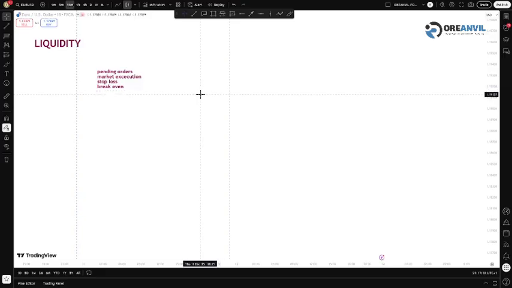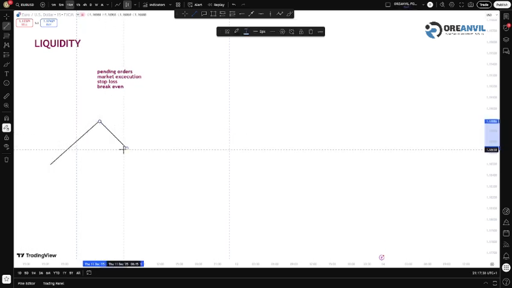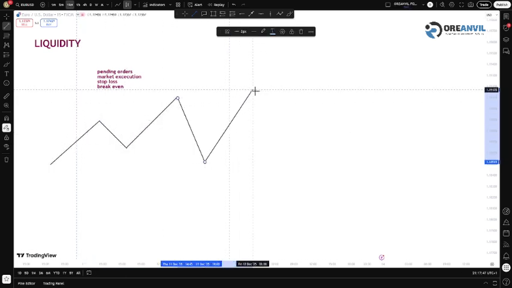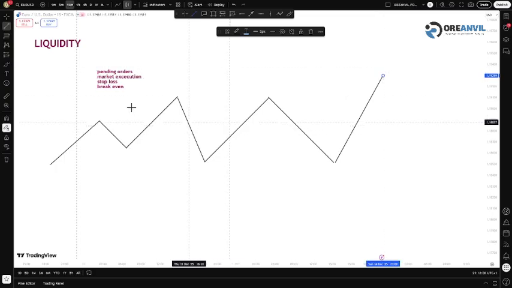We mentioned that liquidity is on every high and low in the market. So every high and low here is where we have our liquidity. There's money resting here.